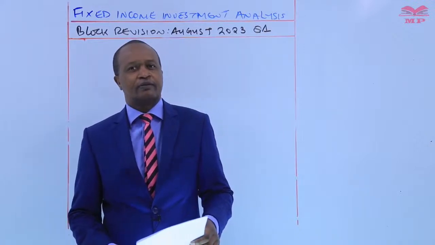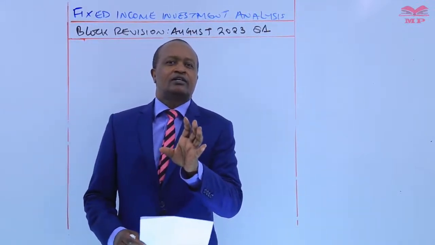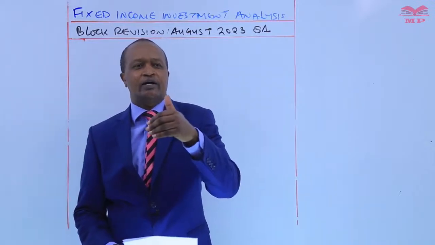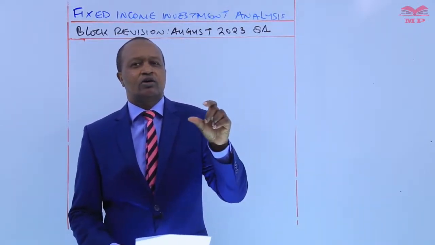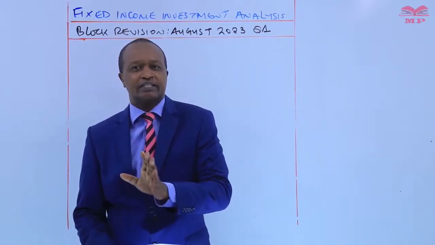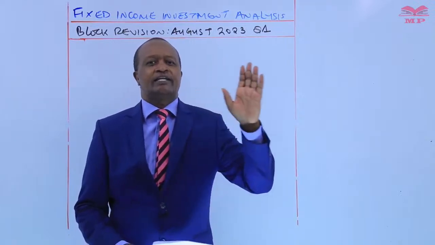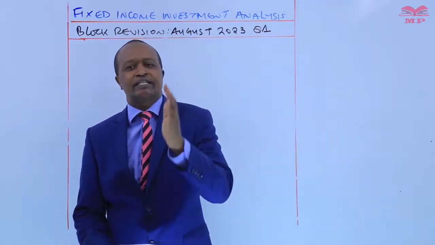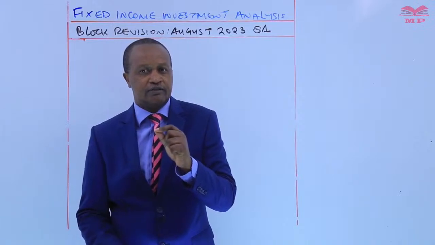These are bonds where the coupon payments and or the principal repayments are denominated in one currency but are paid in another currency at a predetermined exchange rate. Do you understand?